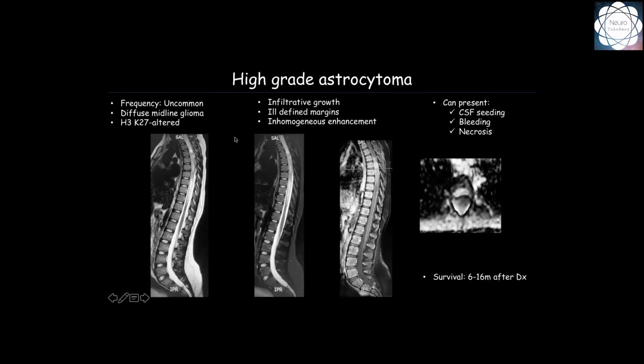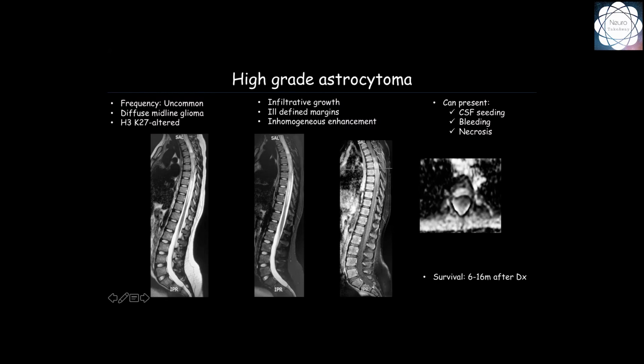Unfortunately, we occasionally have to face these high-grade astrocytomas. They are uncommon, but now we know that most of them are diffuse midline gliomas because they have the histone 3 K27 alteration. They have an infiltrative growth, ill-defined margins, inhomogeneous enhancement.